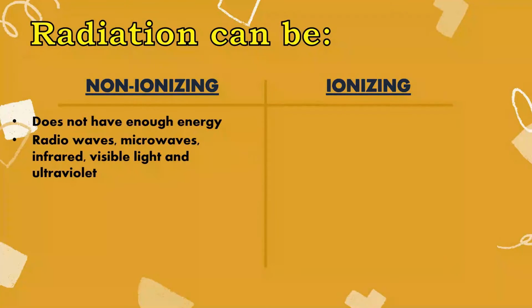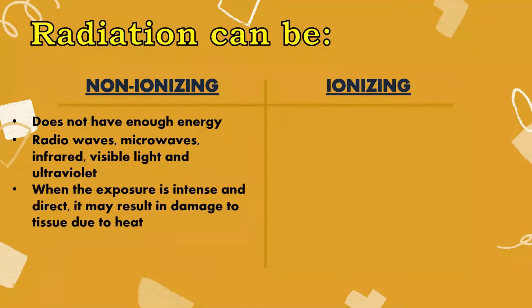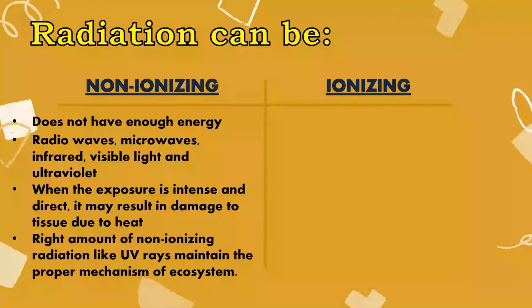Radio waves, microwaves, infrared, visible light, and ultraviolet are non-ionizing radiation. We are exposed to low levels of non-ionizing radiation every day. When the exposure is intense and direct, it may result in damage to tissue due to heat. The right amount of non-ionizing radiation like UV rays maintains the proper mechanism of the ecosystem.